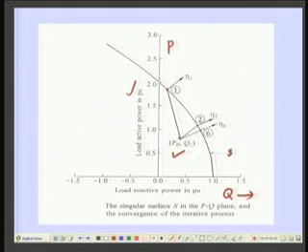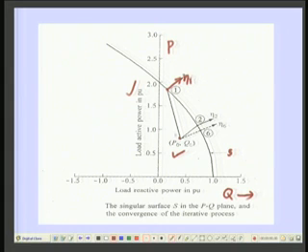To find the shortest distance, in this particular case, first you find the normal to the surface at this point 1. Let us call this normal eta 1.